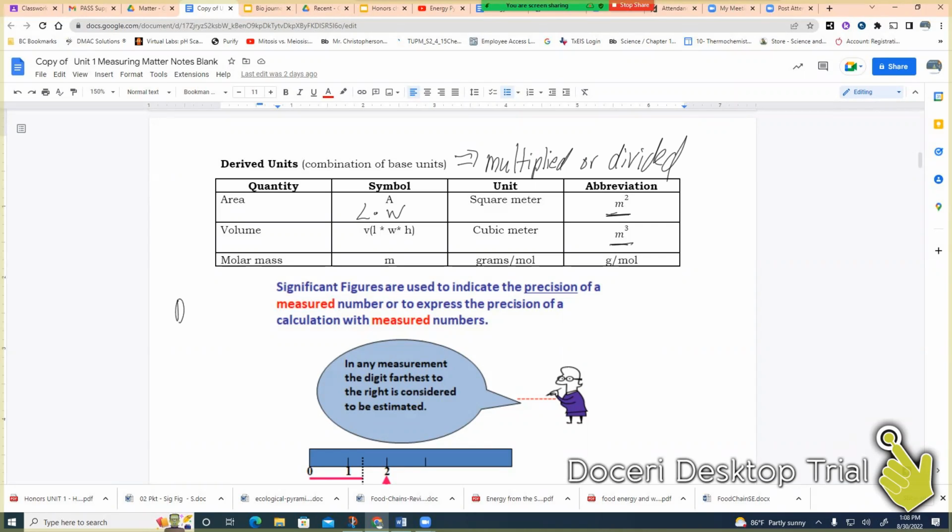We'll do density in this unit, and its formula is mass divided by volume. So let's say that we measured the mass in grams and the volume in milliliters. Not only do we have to consider the numbers, we also have to consider the units. So that would end up giving us a derived unit.